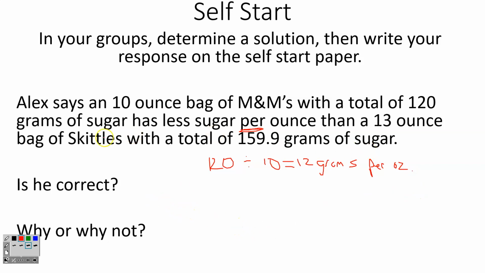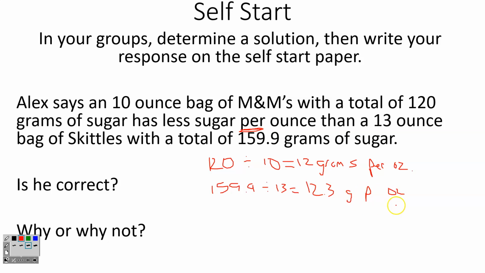Okay, so Skittles, I'm going to do the same thing. I'm going to do 159.9 and divide that by 13. 159.9 divided by 13 is going to give me an answer of 12.3 grams per ounce.